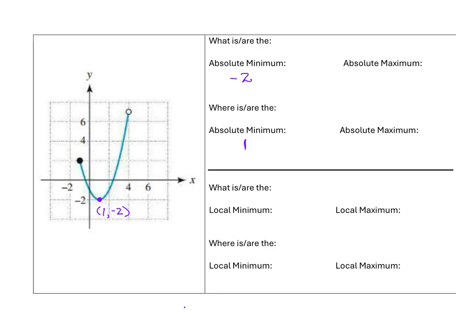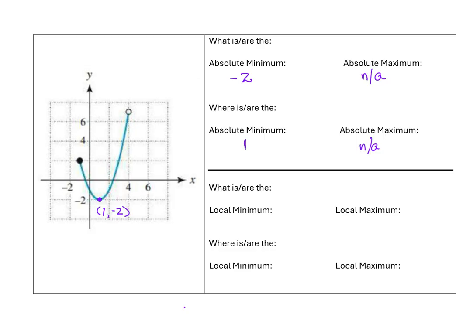And so if ever we have that these highest points or these lowest points are open circles, then they don't qualify as absolute maximums or minimums. So we're going to go ahead and say not applicable for absolute max, and we don't have a location where we have an absolute maximum.